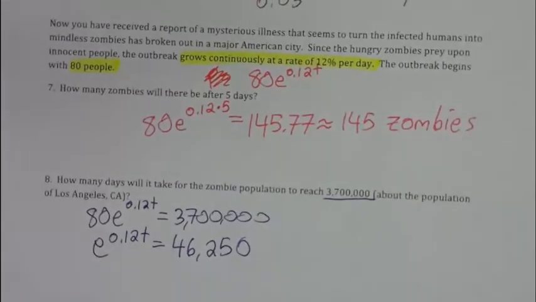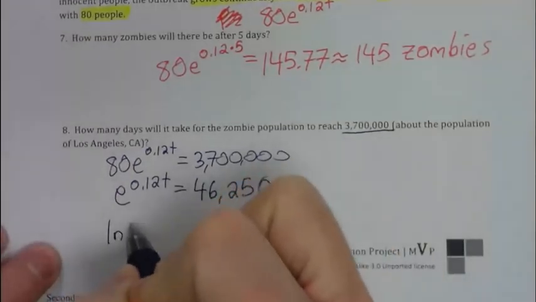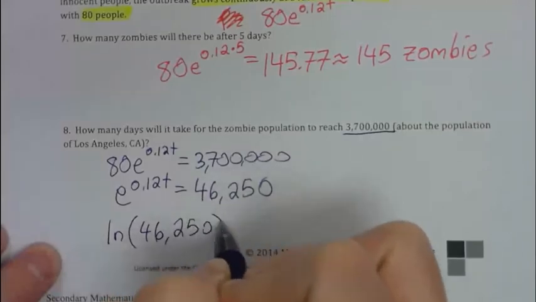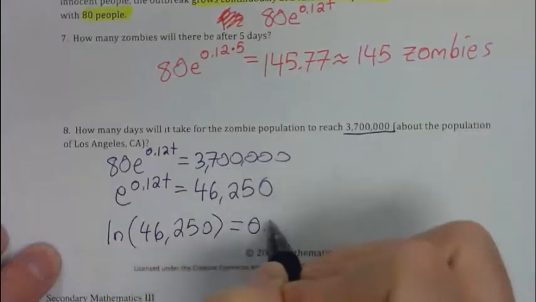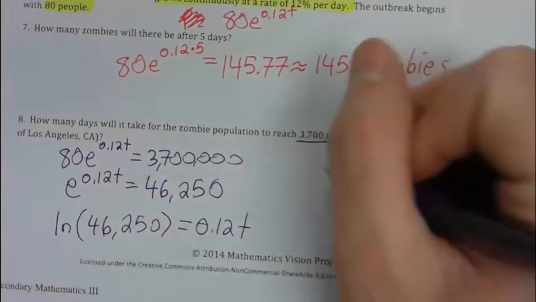And now we need to rearrange this into a natural logarithm. So the natural log of 46,250 equals 0.12t. And now we're just going to divide by 0.12.